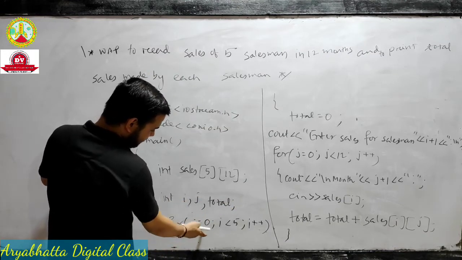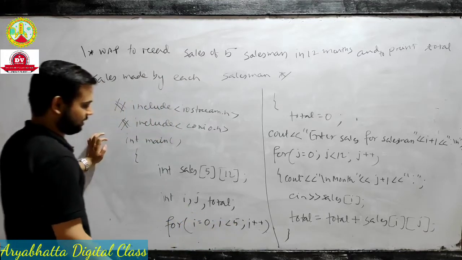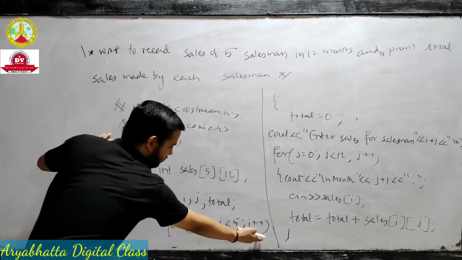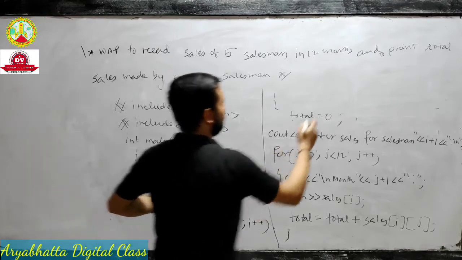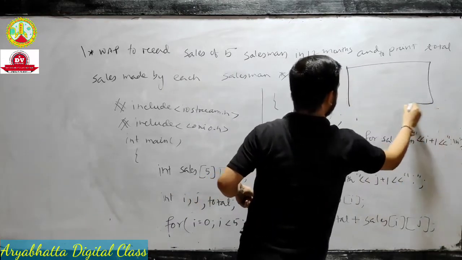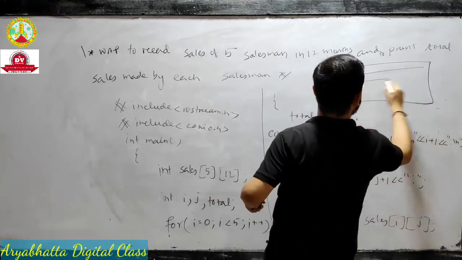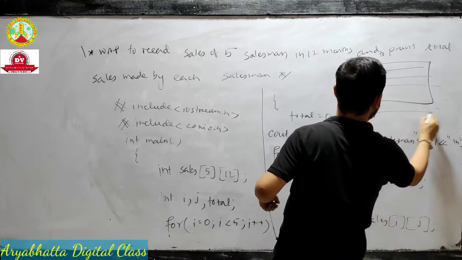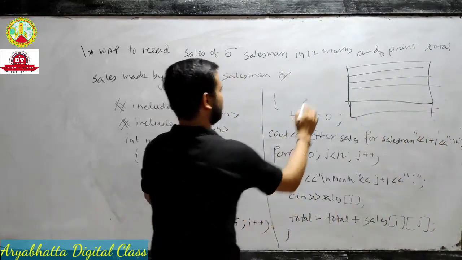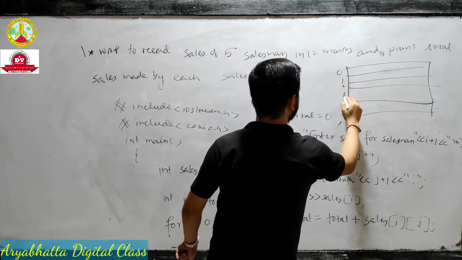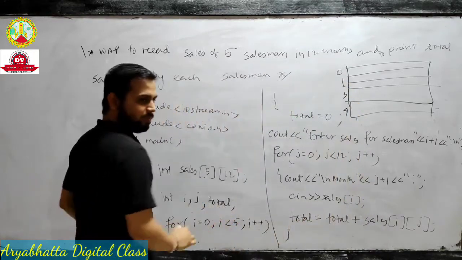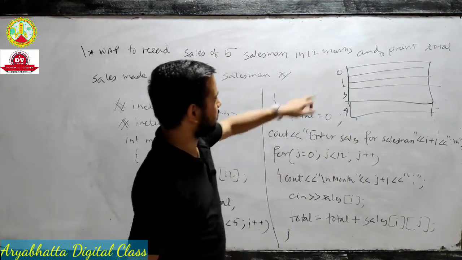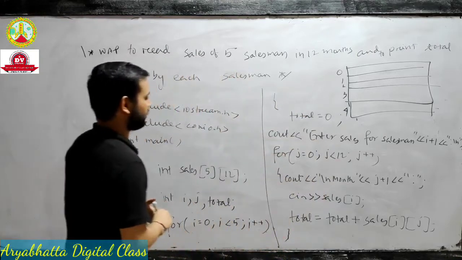First for i equal to 0, i less than 5, i plus plus. i starts from 0, 1, 2, 3, 4, less than 5, so the index is 0 to 4.